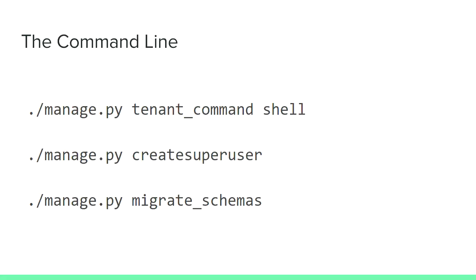It has this tenant command, so you can run any other command you already have on Django automatically. What it does is it will run one time for each schema. And also the migrate schema, so you are able to actually migrate all the schemas at once.